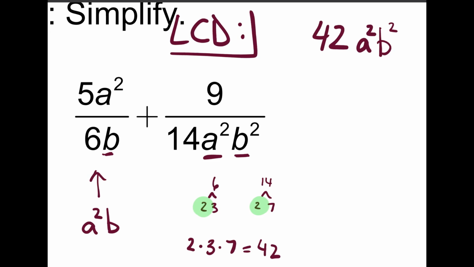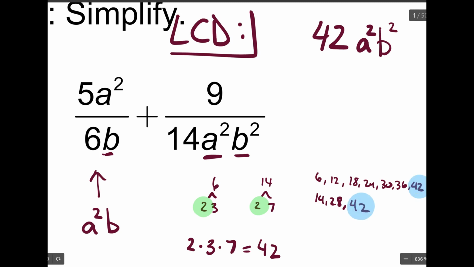Okay, so next I'll show you the way you've done it in the past. List out the factors of 6. List out the factors of 14. Let's see. 42. So I see I have that least common multiple.